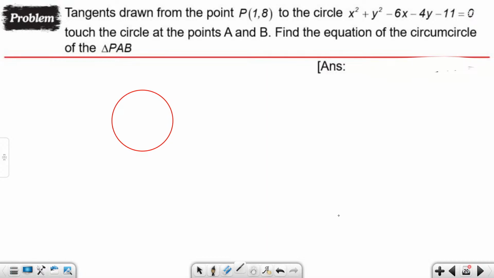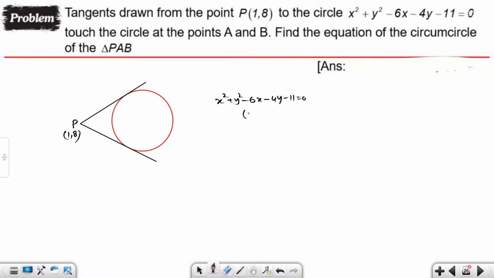So now I have drawn two tangents from point P, which is outside the given circle. This is one tangent, and this is another tangent. These are the two tangents I have drawn from the point P, which is (1, 8). Now the circle which is given to us has the equation x squared plus y squared.